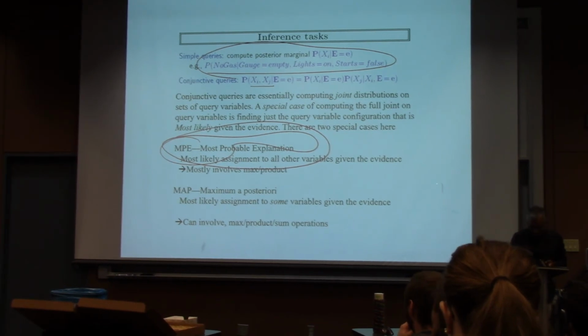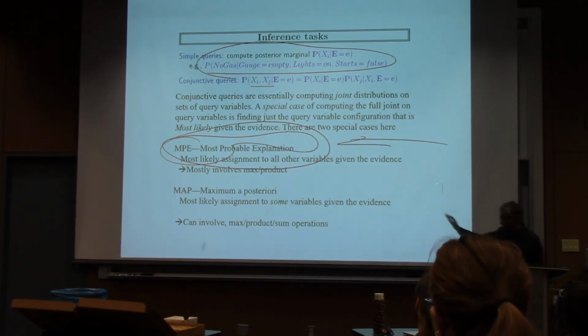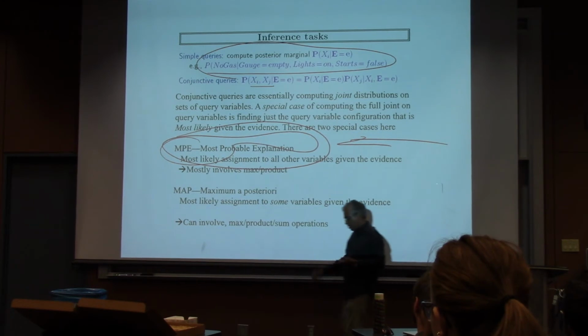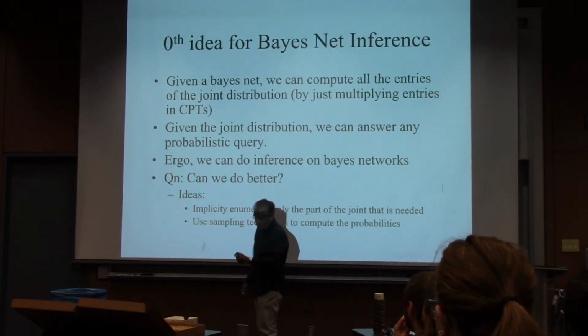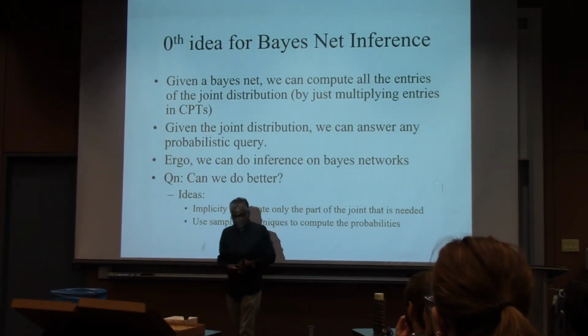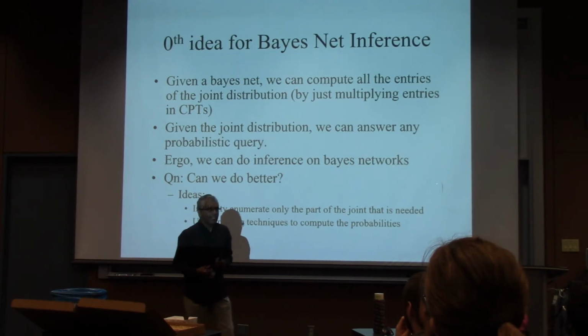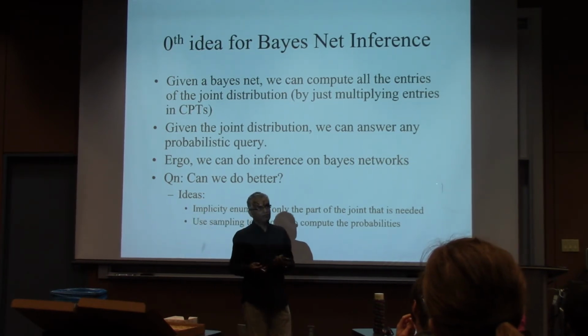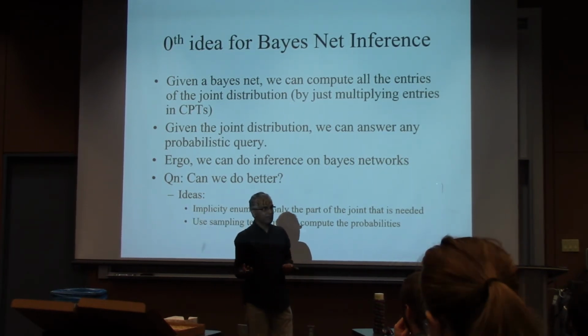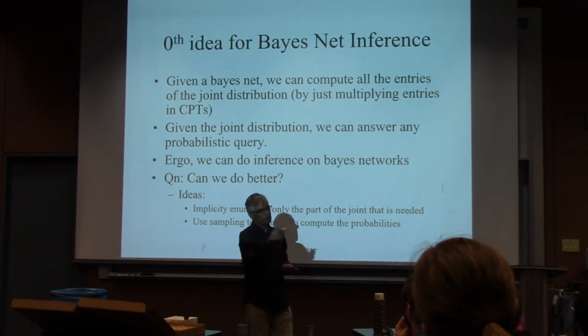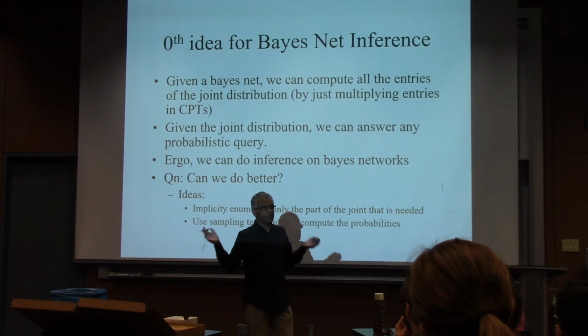And there are other kinds of things, but this one actually is quite a useful thing in Markov models. So what I'll do in today's class really is give you the 0th idea for doing inference on Bayes networks. Below the 0th idea, you already know, which is take the Bayes network, convert it to a full joint distribution, then you know how to solve it.